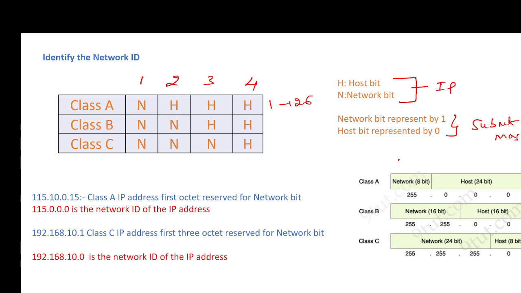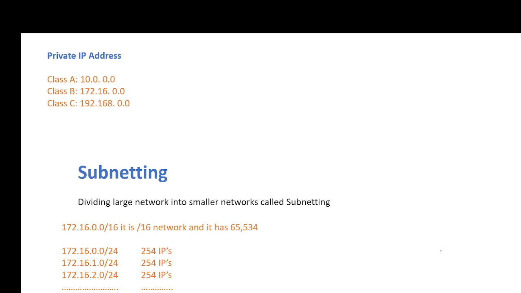See, the network provider has agreed and reserved one particular range of IP addresses in each class for private usage, because we only use 3 classes, class A, class B, class C. Apart from that, if you write any other number, that is public only.